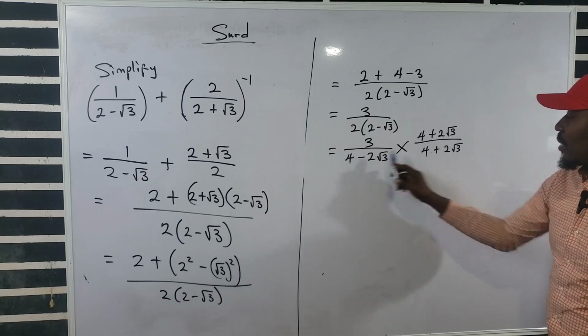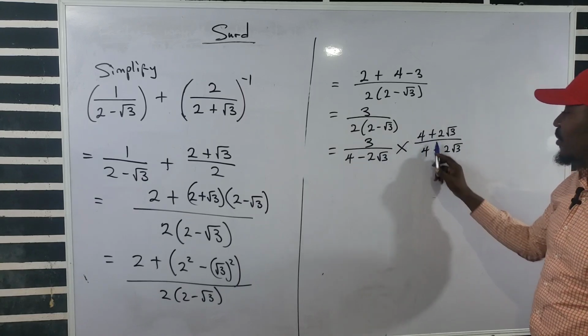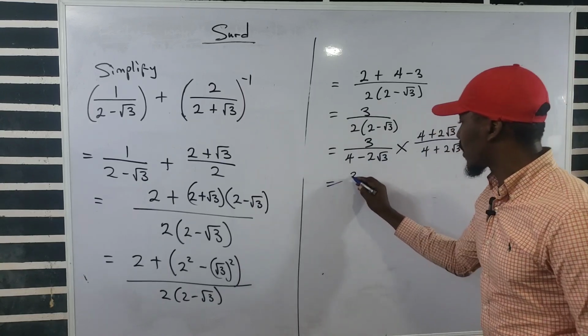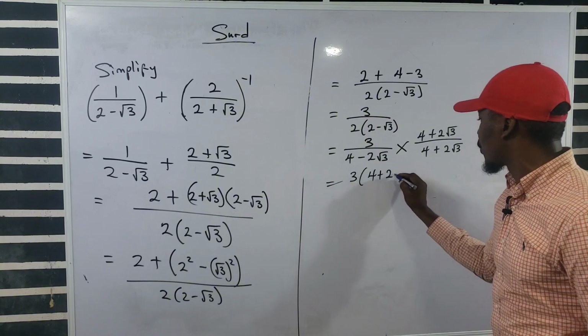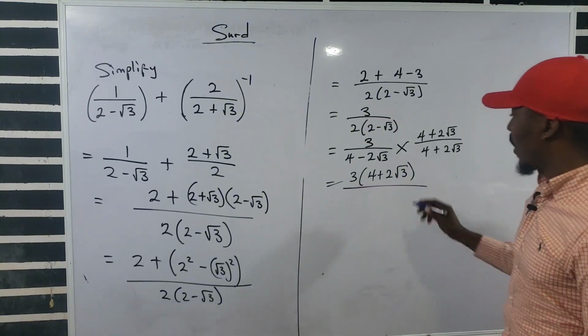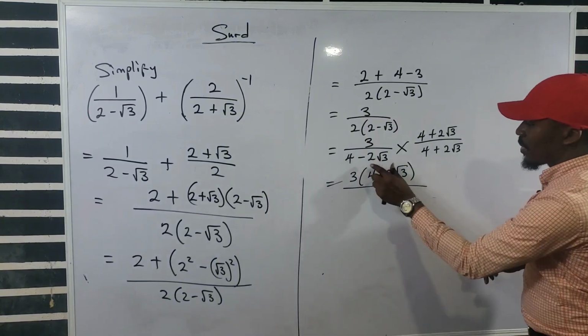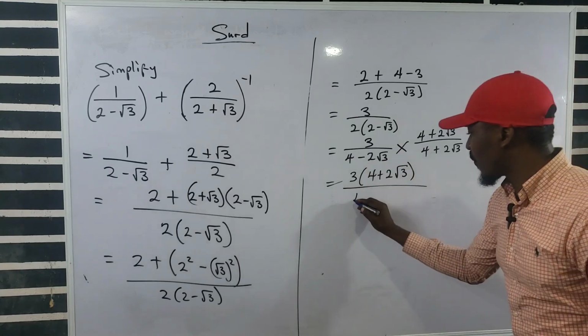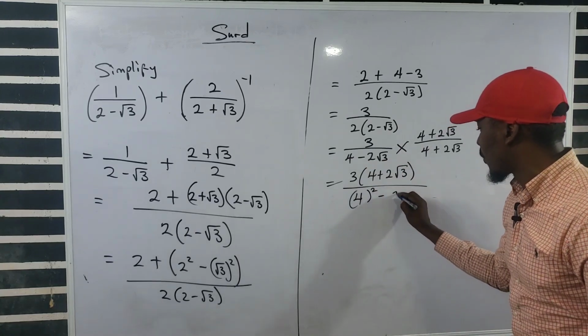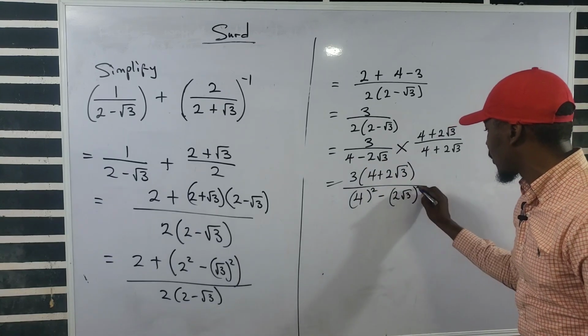So you can see the middle sign has actually changed. So that will give us √3 into 4 plus 2√3 all over, do the same thing, this square minus this square. So that will give us 4 square minus 2√3 square.